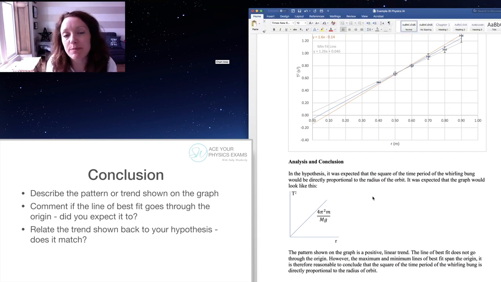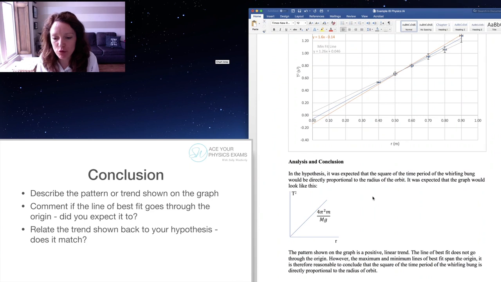So we described the pattern or the trend that you can see on your graph at the moment and brought it back to your hypothesis. So we can say, yes, I think it's reasonable to conclude that these two variables are directly proportional.